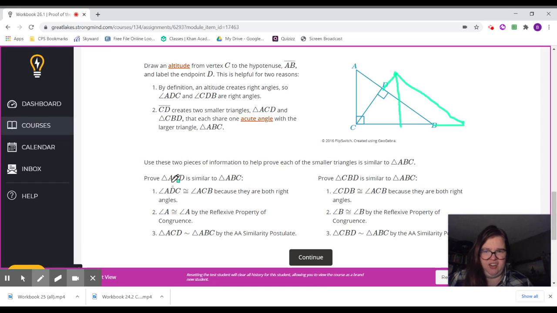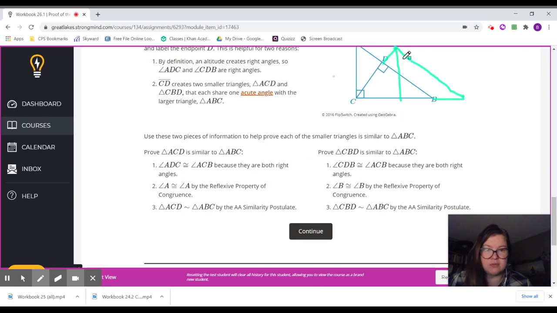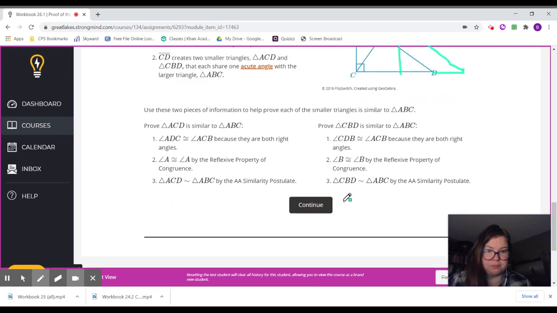Both of the triangles share angle A, which means that they are similar. Does that make sense? And so that was doing the small one, ACD to ABC, the small one to the large one. And then this is doing the medium one to the large one. Same thing, they're both similar.